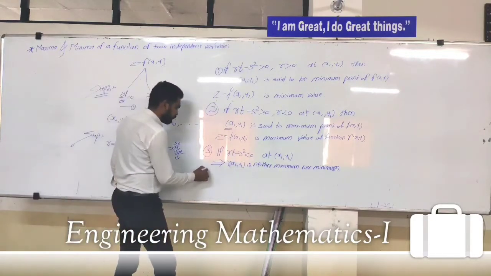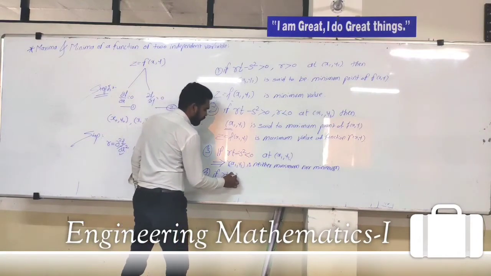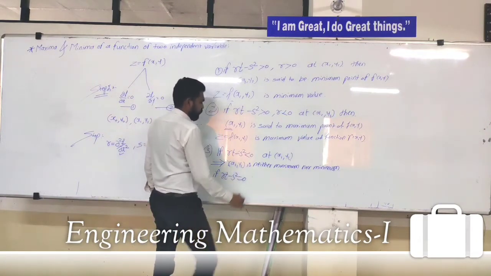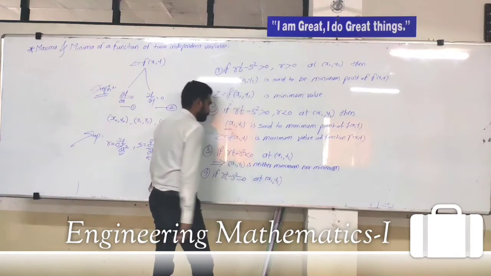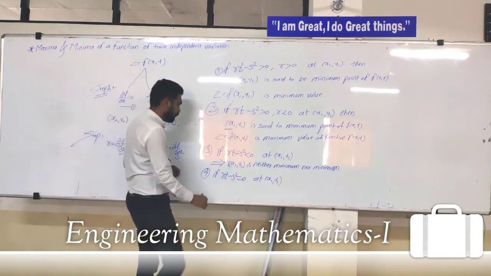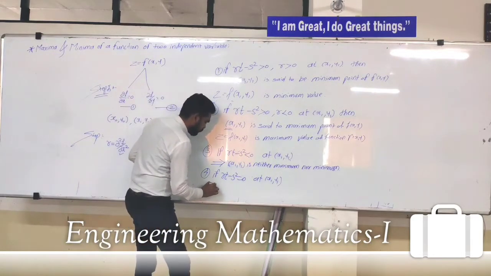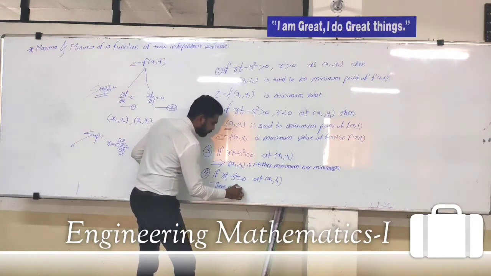And the fourth condition, if rt minus s square is equal to 0 at x1, y1, then there is no conclusion.